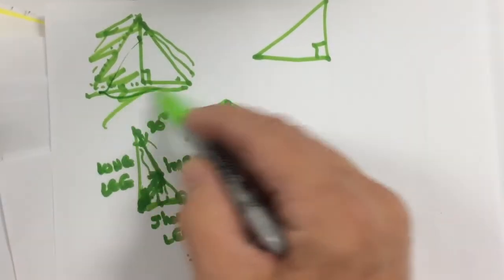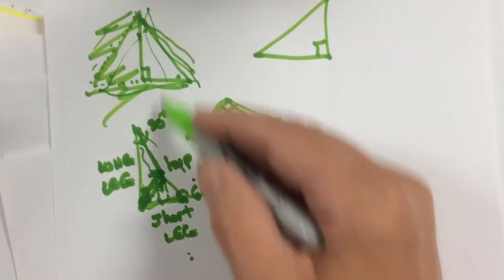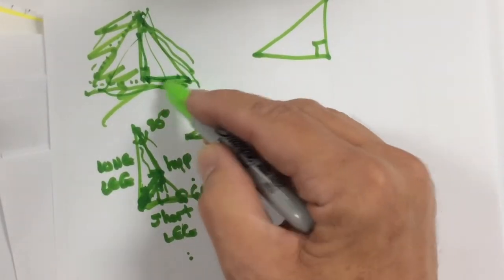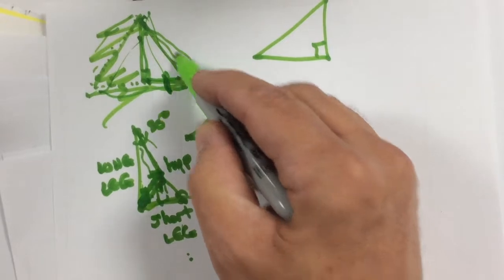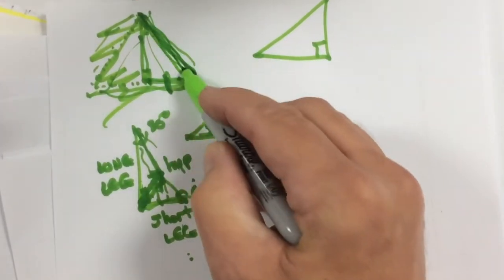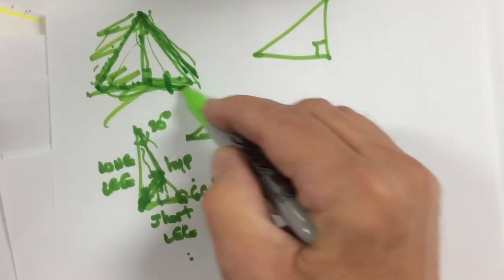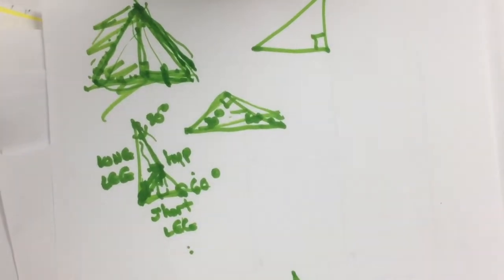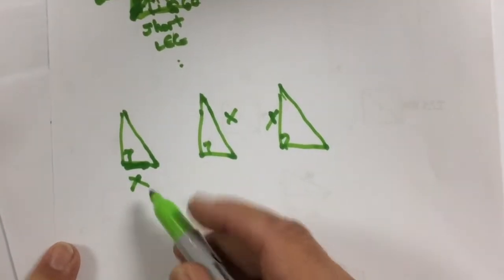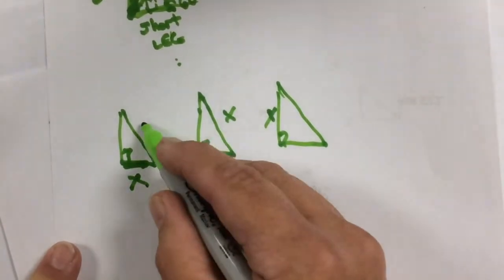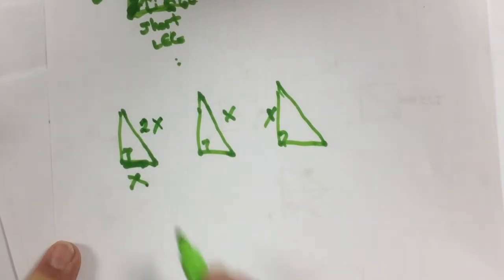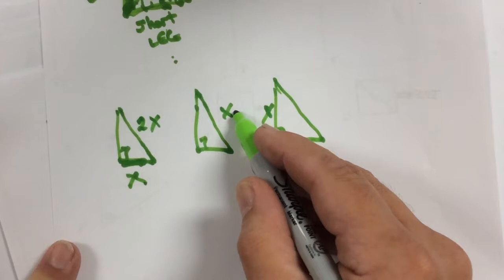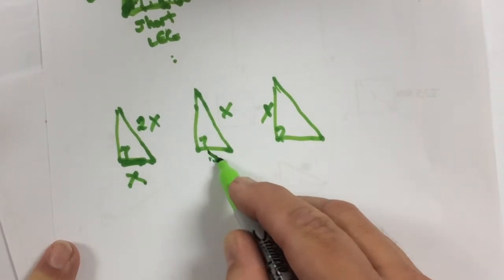Because this started out as an equilateral triangle, we know that the short leg over here is half of what this is, because this started out with all 3 sides being equal. So whatever this is, the hypotenuse is twice as big. And whatever the hypotenuse is, the short leg is half of that.